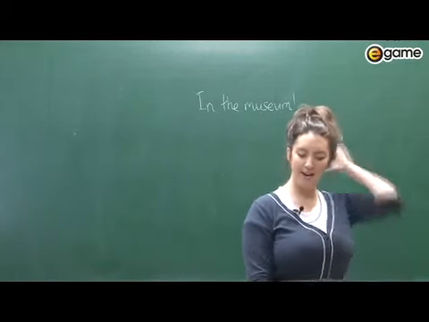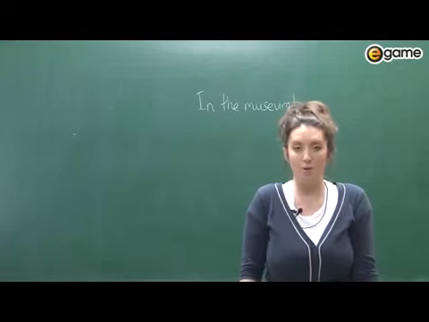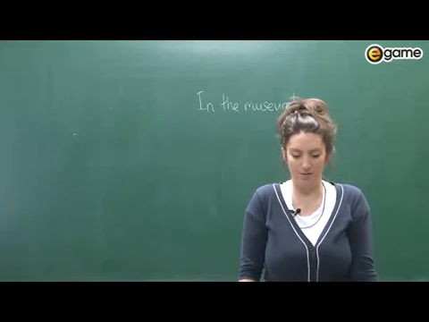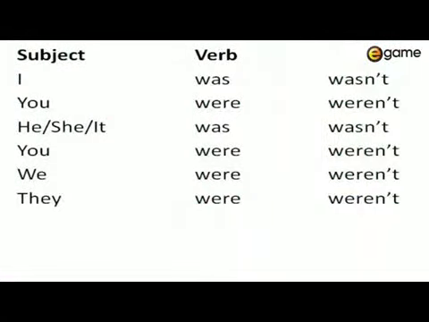Okay, so today we're going to look especially at was and were. So let's look at this table. We've got the subject here. I was, in the negative form, I wasn't. You were.